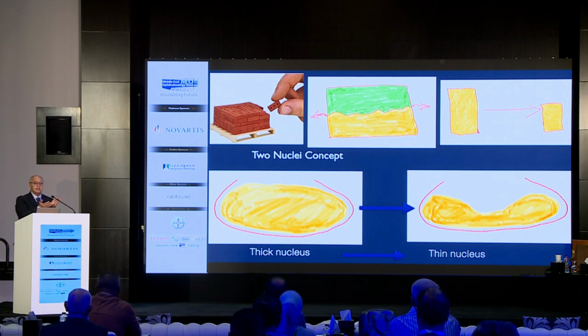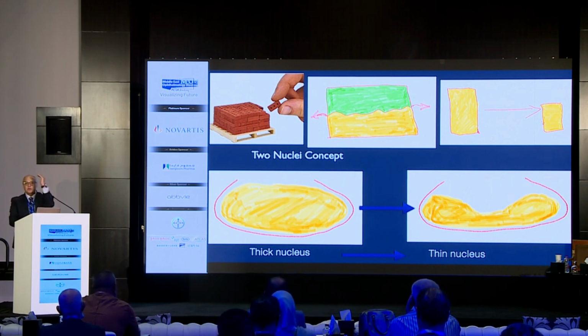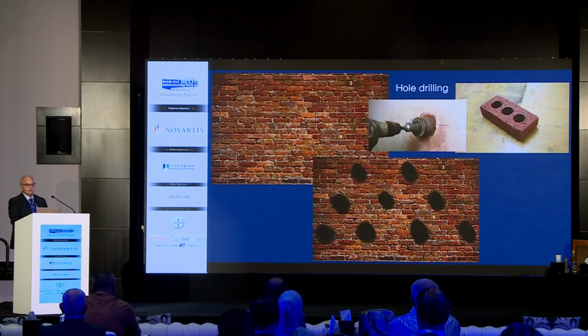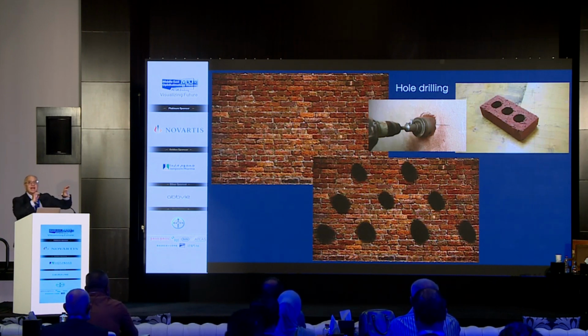Once you deal with this with a good view, then you can deal with the remaining part of the nucleus in a more or less regular way in the capsular bag, away from the cornea. It's exactly like I've shown in the previous slide, and there is a step which I call the hole drilling technique, which I published like 15 years ago.